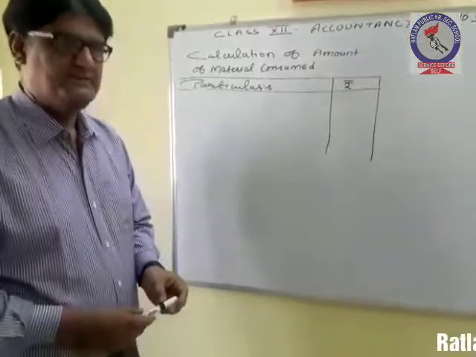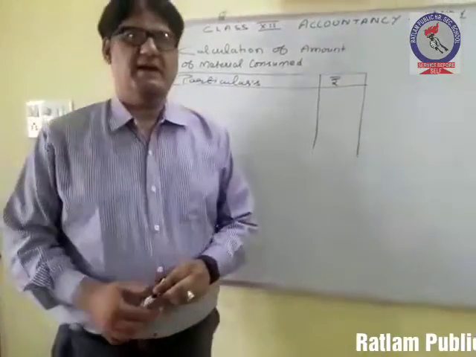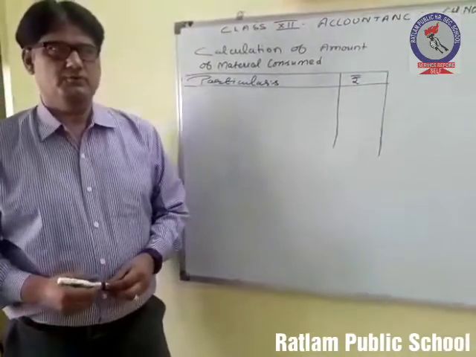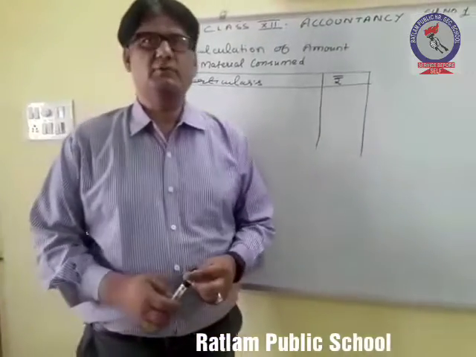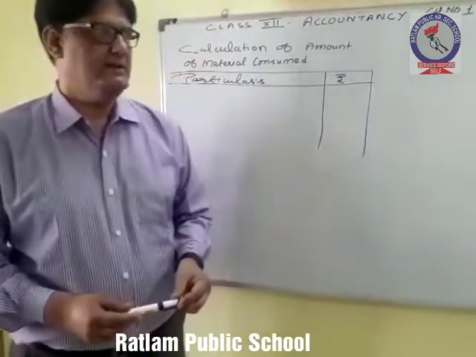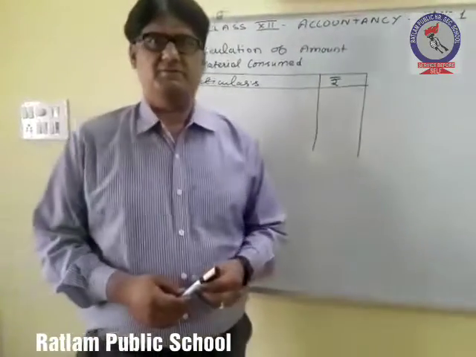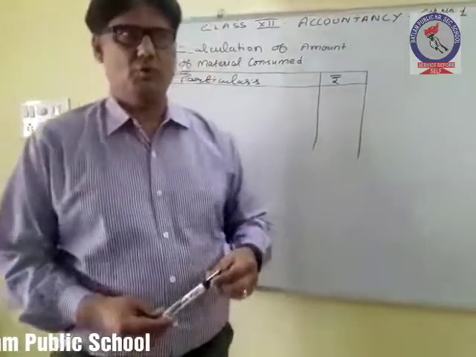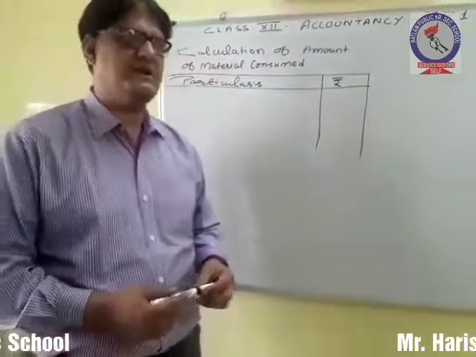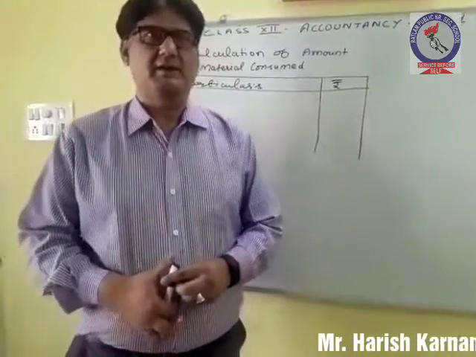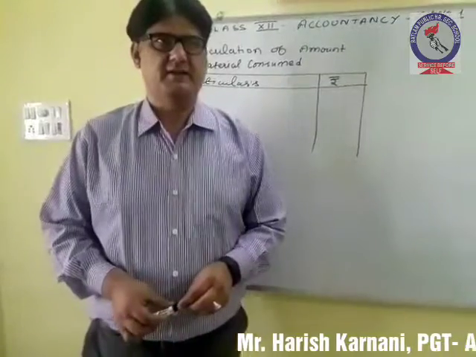Hello students. So today in this class we will discuss the calculation related to the consumable items which we are supposed to show in the income and expenditure account to be made in a current financial year.